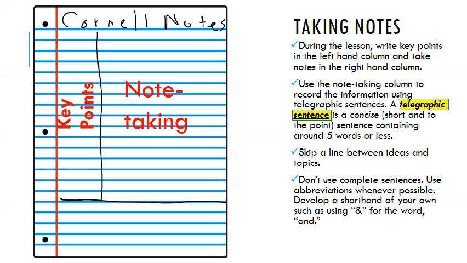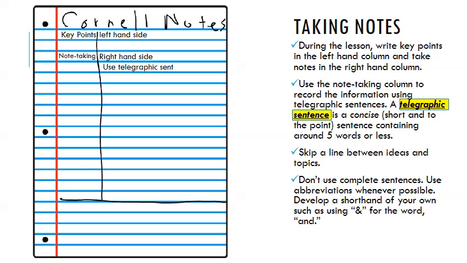So if I'm taking notes on Cornell notes, here's what they might look like. And I am typing them instead of writing them because, as you see, it is difficult to write legibly on the computer.